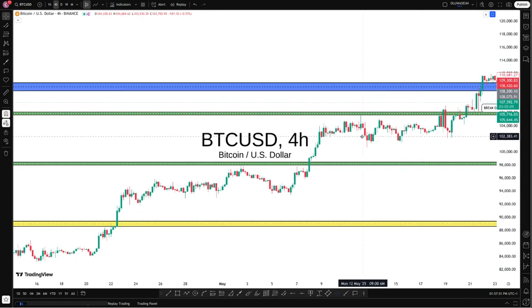I got an entry around here. I possibly closed probably around here. Price came back again. I got an entry again around here. I closed around here. This third one I didn't enter because when I saw it I was not interested again.